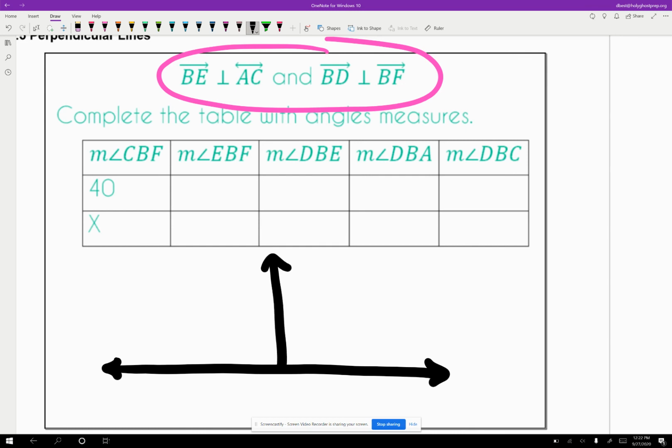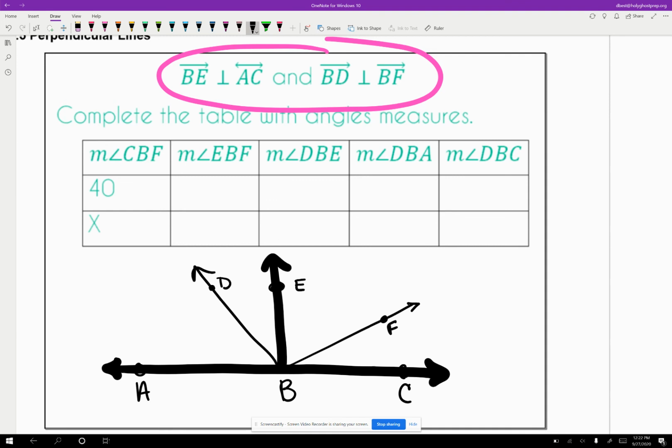I made my line a little too big, I guess. We got point A over here, B in the middle, C. I'm going to draw another ray, BF. BE is my line going up, and off to the side here will be ray BD.